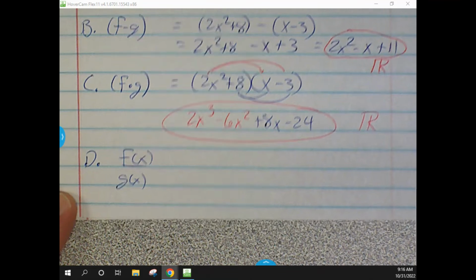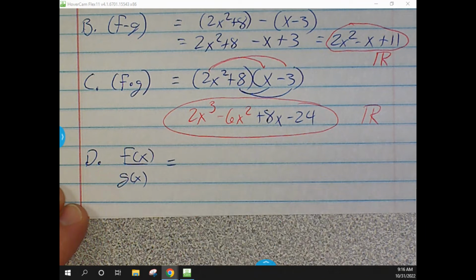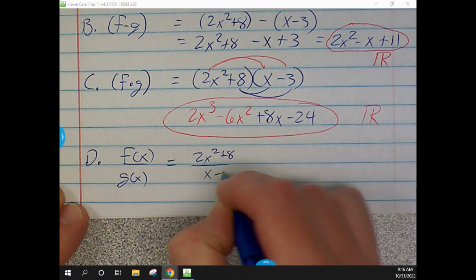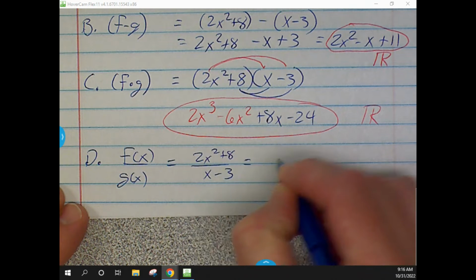All right, so let's go f of x divided by g of x. For this one, that is 2x squared plus 8 divided by x minus 3. And the only little bit of factoring you can do on this one would be dividing a 2 out of the top.